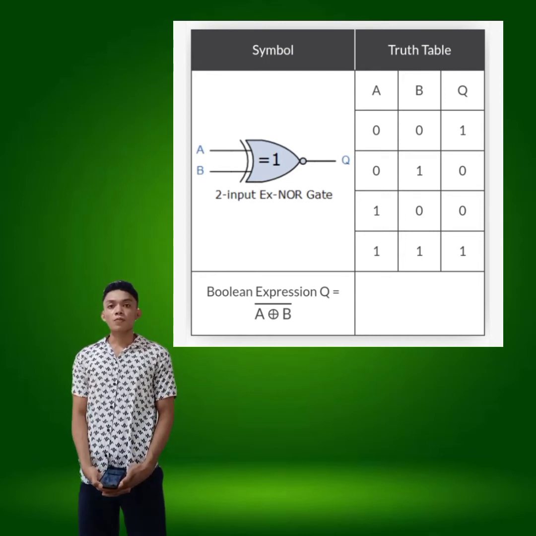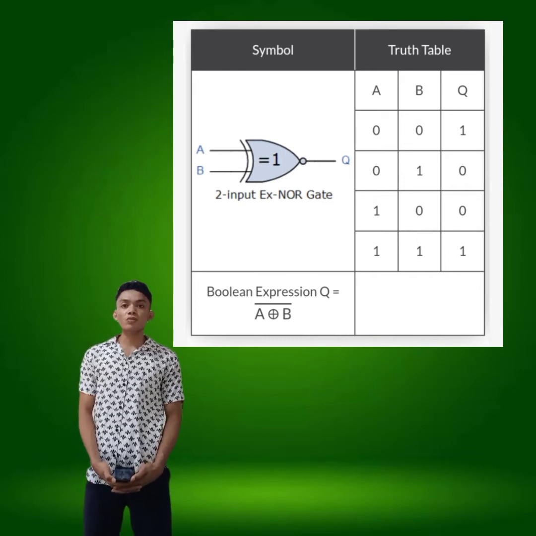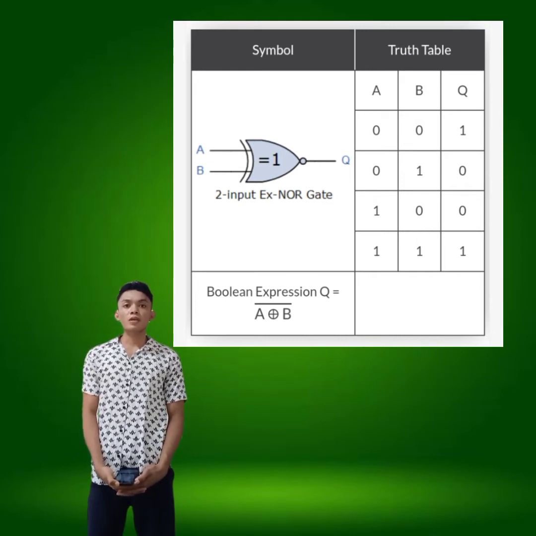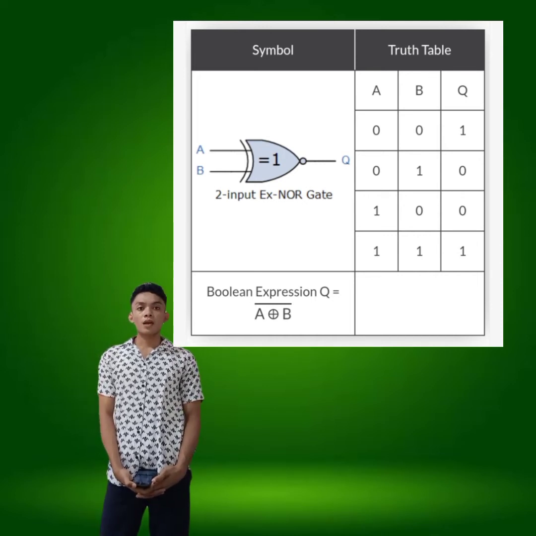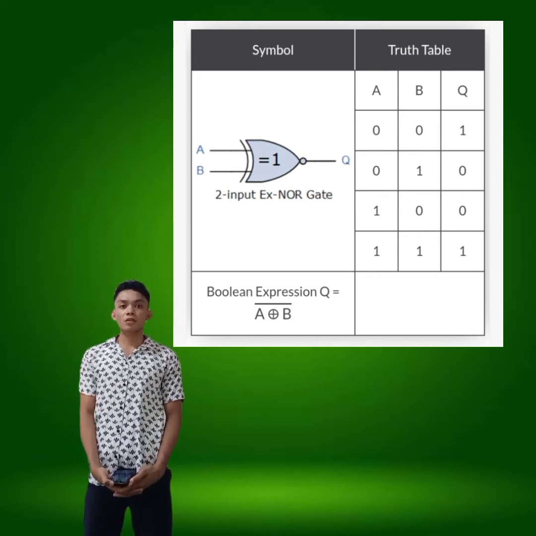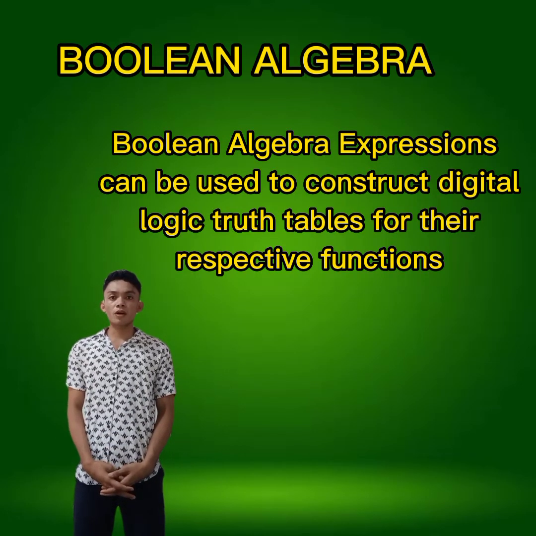The Boolean expression is Q is equal to A, B, read as A and B the same gives Q.